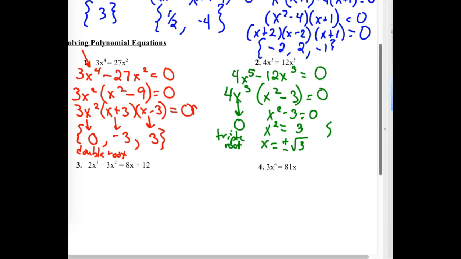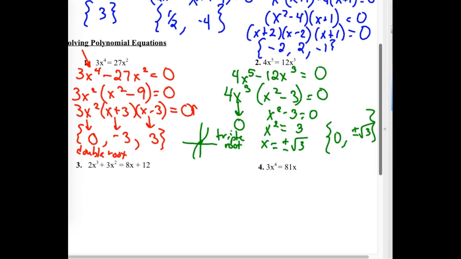So my solutions are 0 and positive and negative root 3, but it does account for all 5 answers. Does that make sense? Yes, no? Okay. This triple root means that at 0, I would be crossing the x-axis because it's an odd root, but because it's x cubed, I'm going to have kind of a cubic twist when I cross through, instead of just a nice straight line.